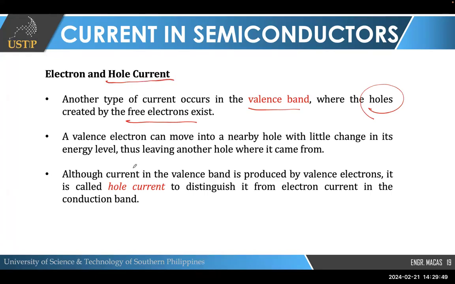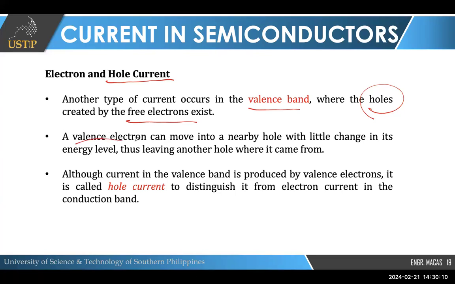So what happens in your valence band is that your valence electron will move into a nearby hole with little change in its energy level, thus leaving another hole where it came from. Again, the hole current happens in the valence band.